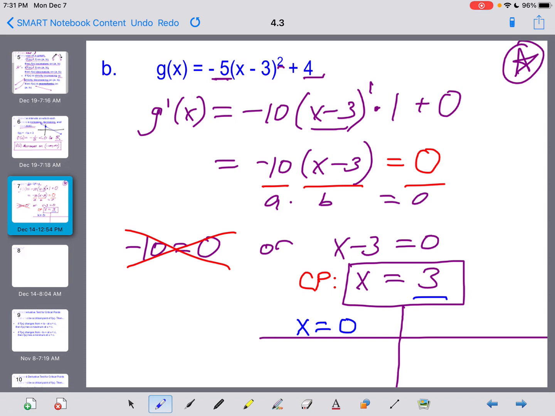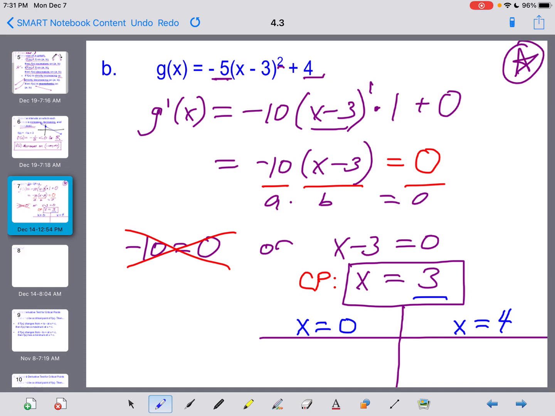To the right of that, we're going to pick one x value that's greater than 3. So I'm going to go with 4. It makes 0 difference which number you choose, just as long as one is less than your critical value and one is greater than your critical value. And now that we have those, we are interested in the behavior of this function. Where is it increasing? Where is it decreasing?